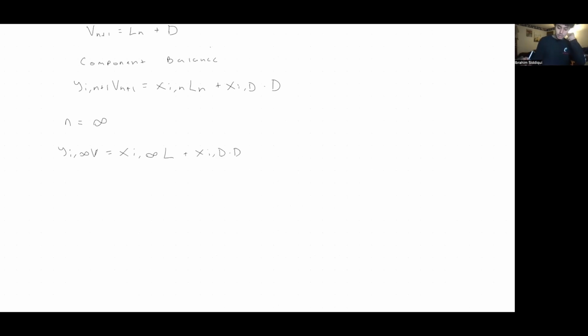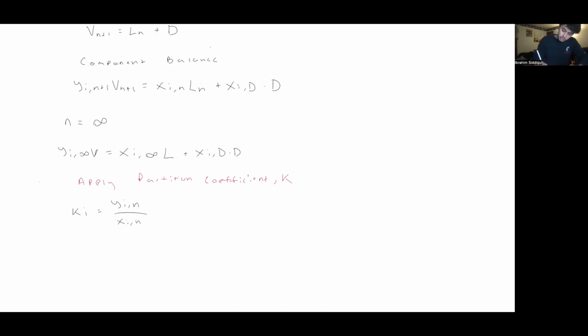Okay. So now what we want to do is we want to apply our partition coefficients. So applying our partition coefficient K, this will be referred to as Ki, which is essentially the partition coefficient of our more volatile component. That's going to be equal to our vapor composition at stage n over our liquid composition at stage n.